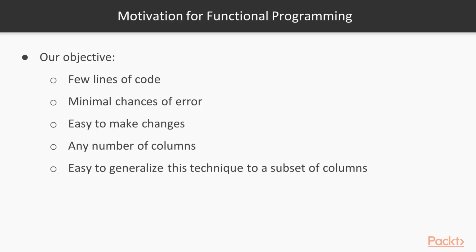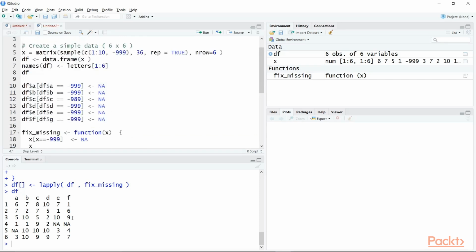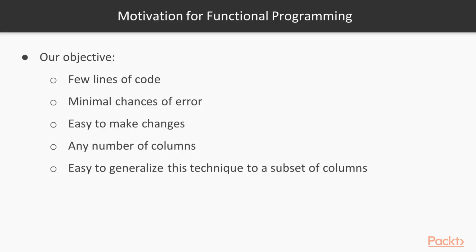And then we want to minimize the chances of error when we are hard coding things. So this is something that I would say is hard coding because every time we are saying minus triple nine. So we want to minimize the chances of error by minimizing this kind of hard coding. And then we also want it to be easy to make any changes in our code.